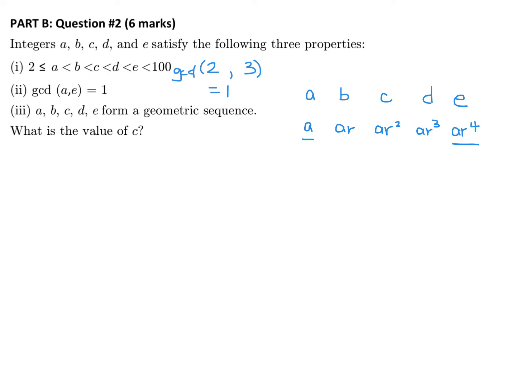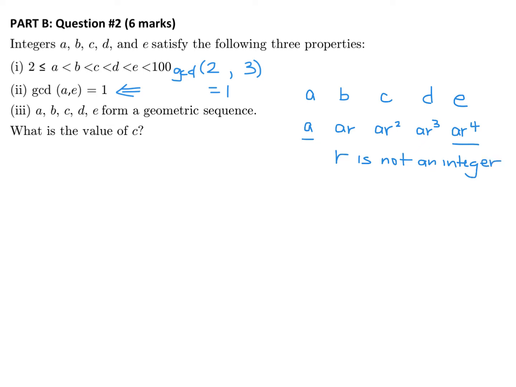And the only way you can get that is if the ratio is not an integer. If it's an integer, then it always will just be a multiple. This number here will be a multiple of that number, and therefore the GCD would not be 1. So the conclusion I made from this very important clue is that R is not an integer.